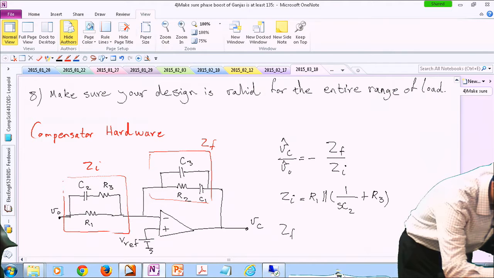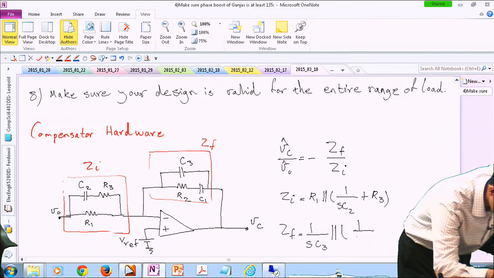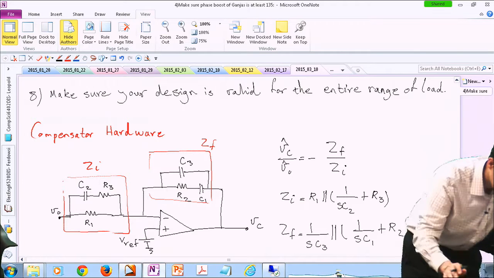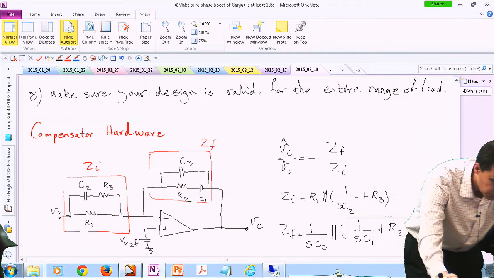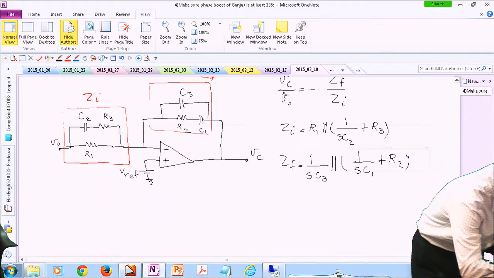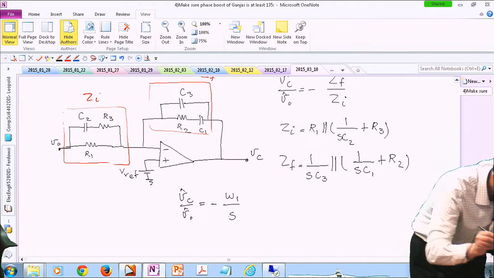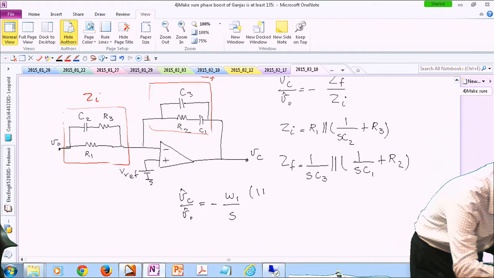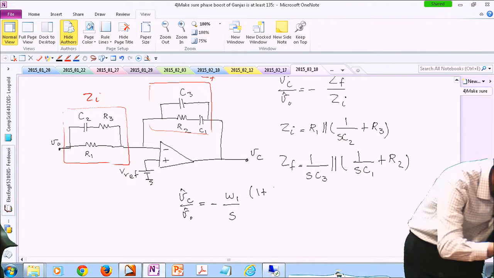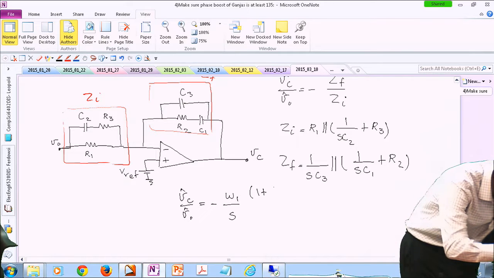And then ZF is nothing but a capacitor placed in parallel with another capacitor, which is placed in series with a resistor. Okay? So once you plug in ZI and ZF, you are going to see, instead of omega 1, maybe I should write A.